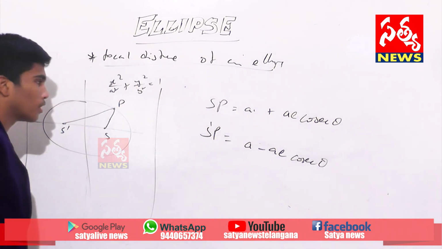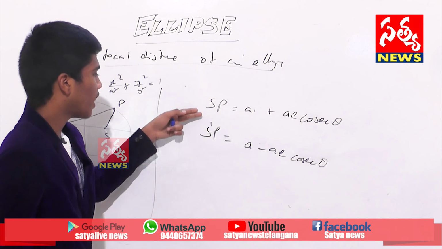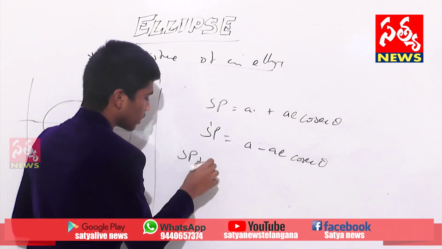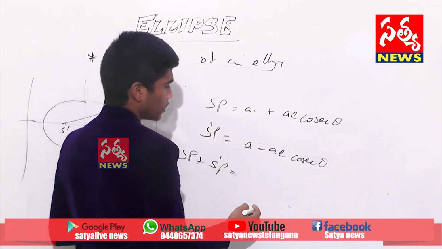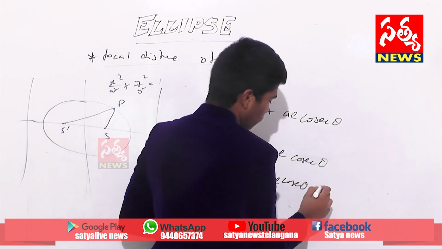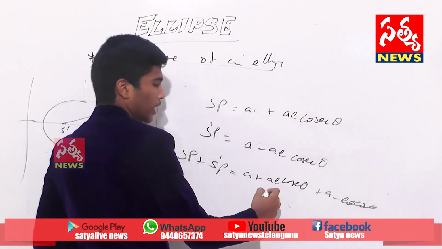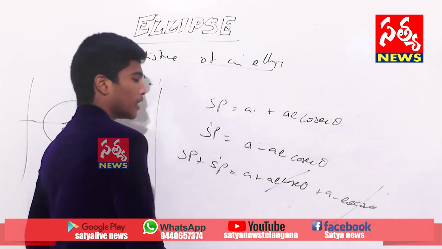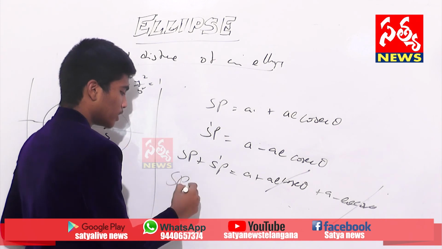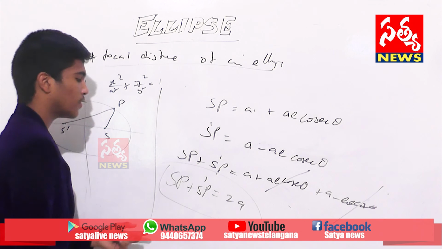Now by saying these two, if we add these two, we can say that SP plus S dash P is equal to a plus ae cosecant theta plus a minus ae cosecant theta. Plus ae cosecant theta and minus ae cosecant theta get cancelled, and SP plus S dash P is equal to 2a. This is the final result.